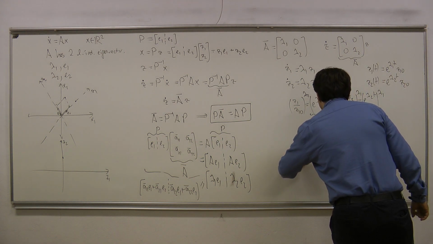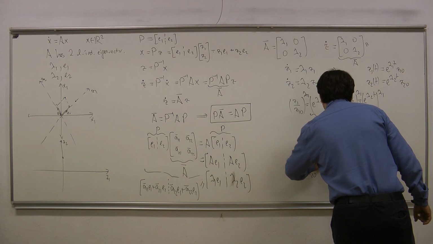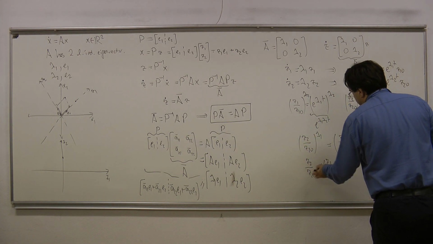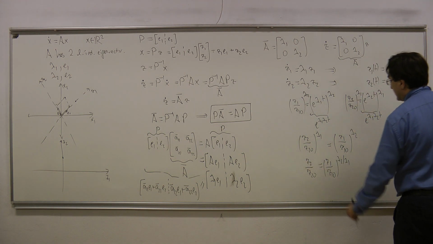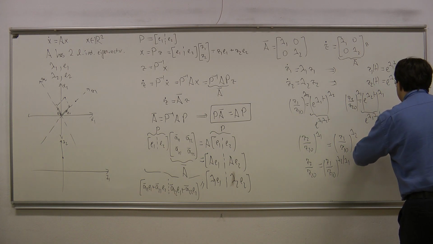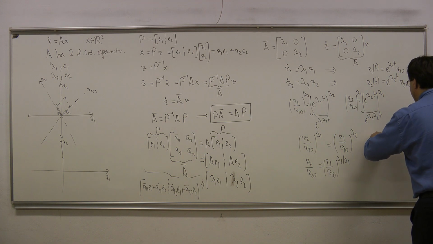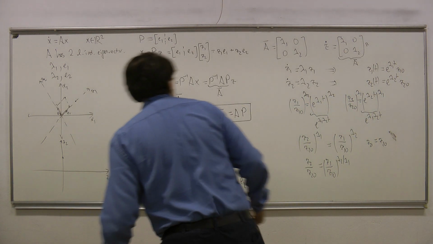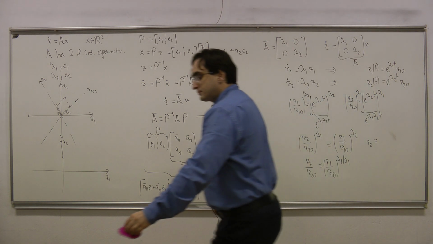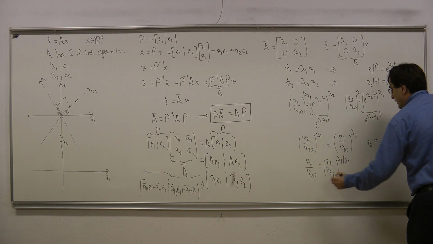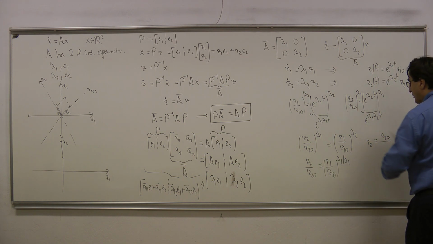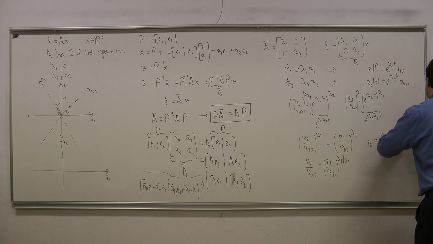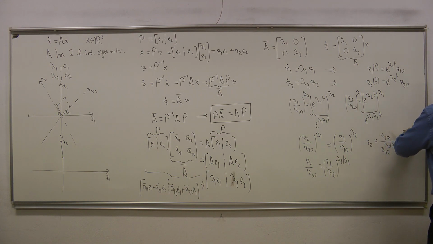So that is going to give me Z2 over Z2 0 is equal to Z1 over Z1 0 to the power lambda 2 over lambda 1, and if I leave here this Z2 0 alone, then it's going to be Z2 equals to Z2 0 times... So let me write these coefficients in a better way here. So you see that here I have this Z2 0 coming here alone, and I have Z1 0 to the power lambda 2 over lambda 1 times Z1 to the power lambda 2 over lambda 1. Okay?